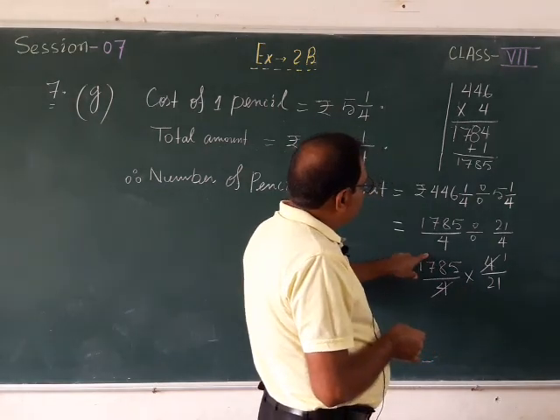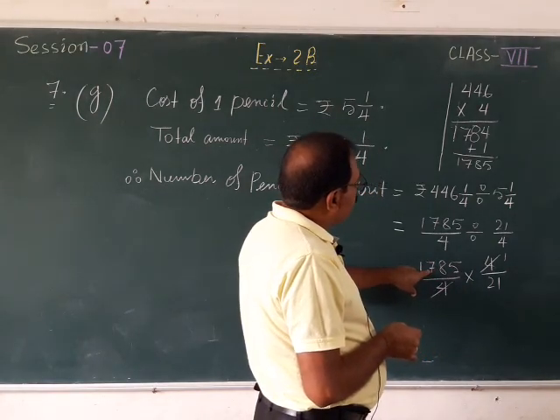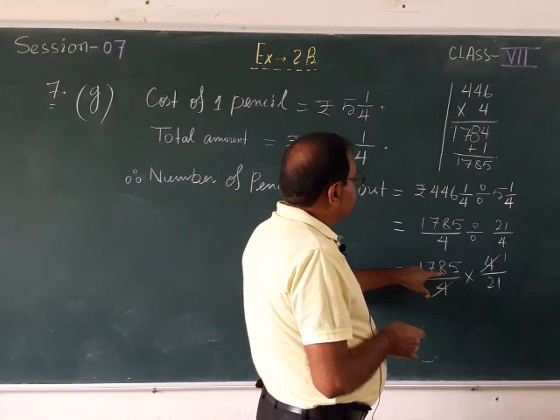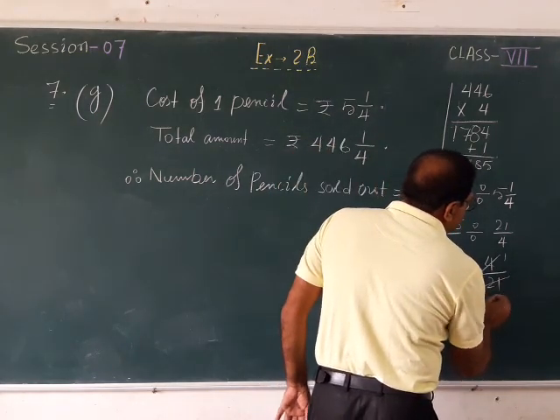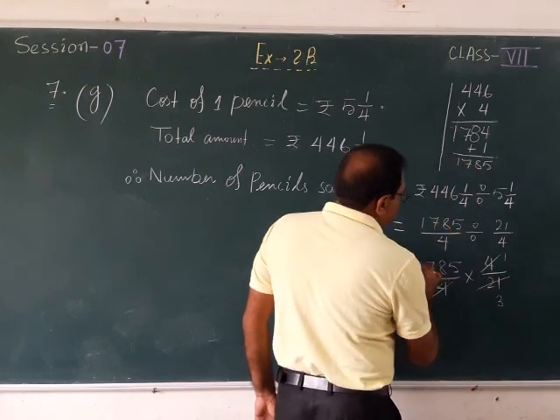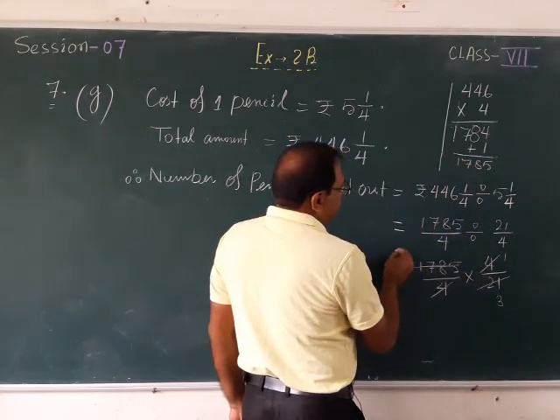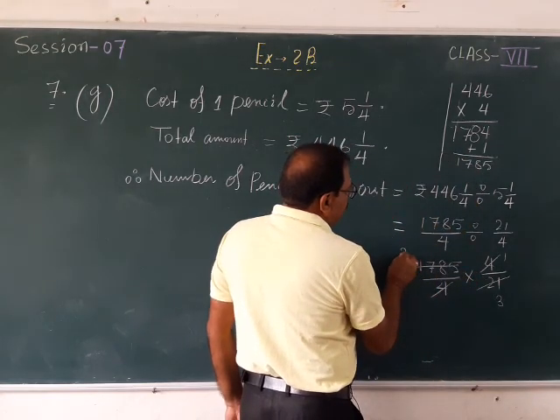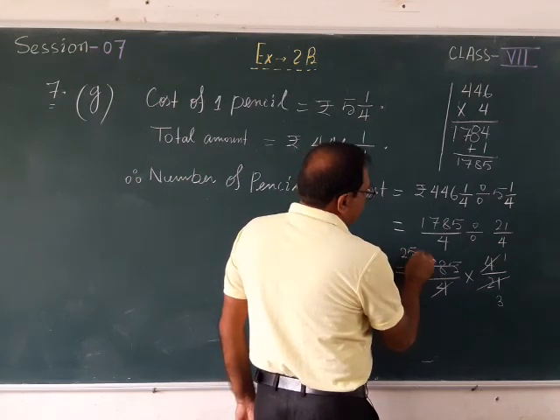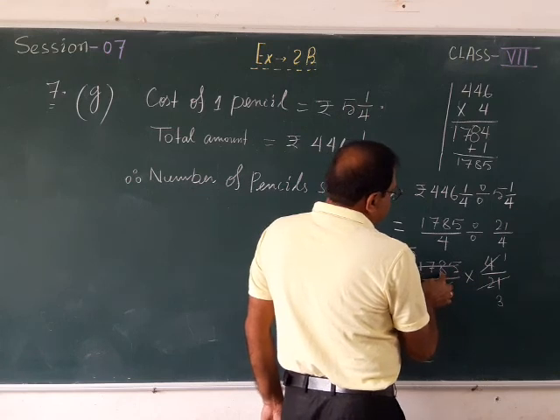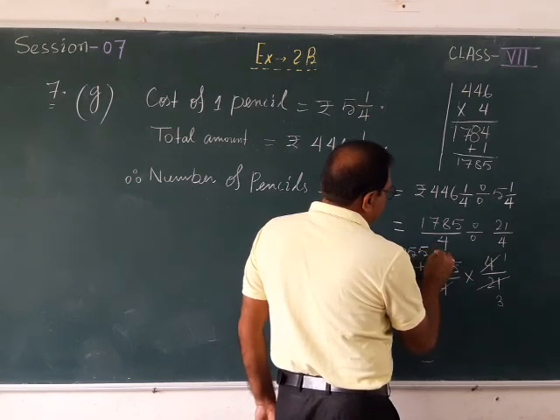So, 7 twos are 14 and here 3, 38, again 7 fives are 35. So, I have checked that 7 can divide it. So, 7 threes are 21, and by 7 I am dividing this number: 7 twos are 14 and here 3, 38, 7 fives are 35 and then here 3, again 7 fives are 35.